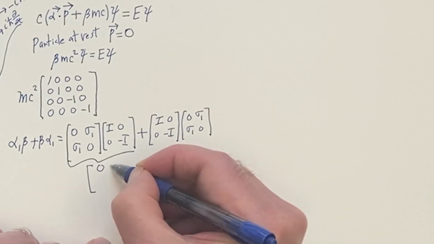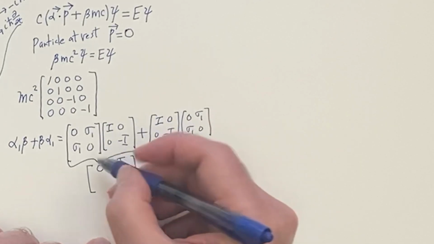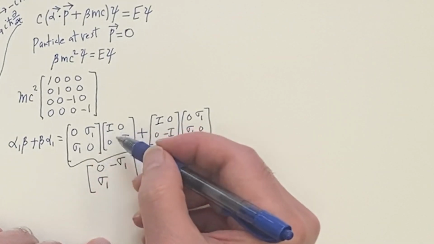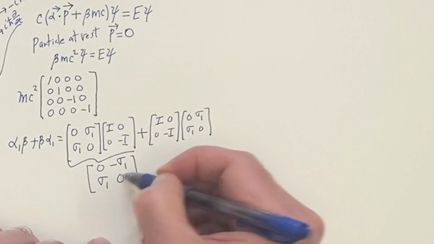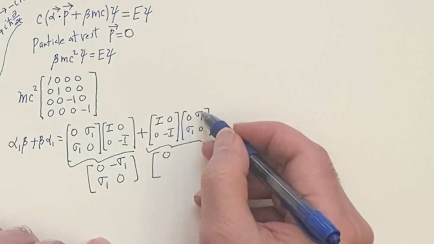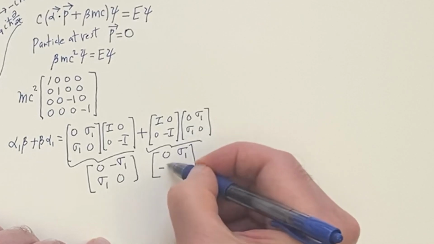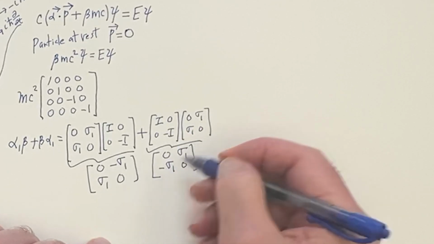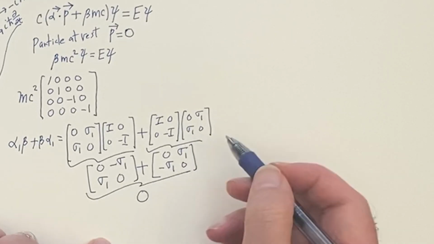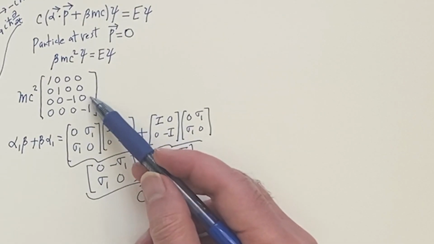Sideways there is going to be minus sigma 1 because the identity doesn't change it and there's a minus sign. Sideways there we'll get sigma 1 because identity times sigma 1 is sigma 1. Sideways there gets you 0. When you go in here, sideways there gets you 0. Sideways here gets you a sigma 1. Sideways here gets you a negative sigma 1. Sideways there gets you 0. And if you add these together, you can see you are going to get 0. So that's important to have confidence that this beta is what it is.